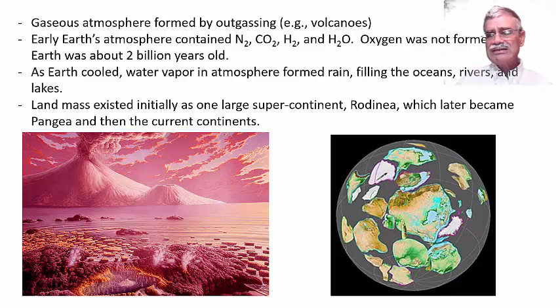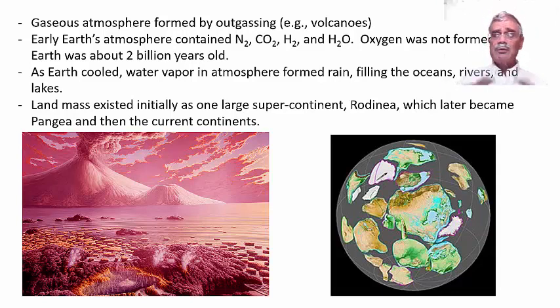Now, the gases initially were mostly nitrogen and hydrogen and carbon dioxide and water. There wasn't oxygen on planet Earth for about the first 2 billion years, almost half of the total age of the Earth.